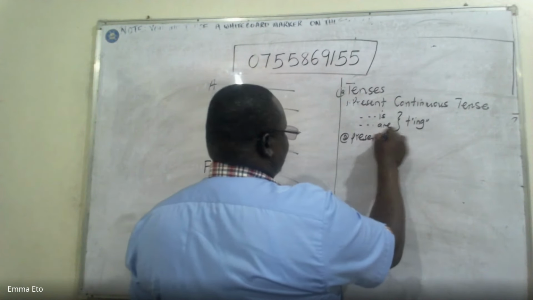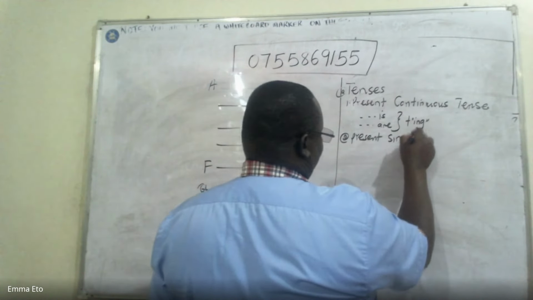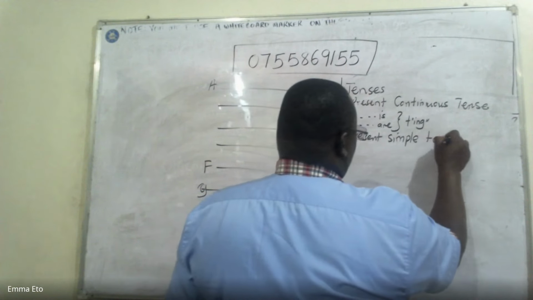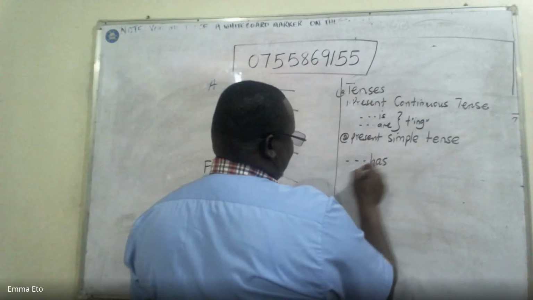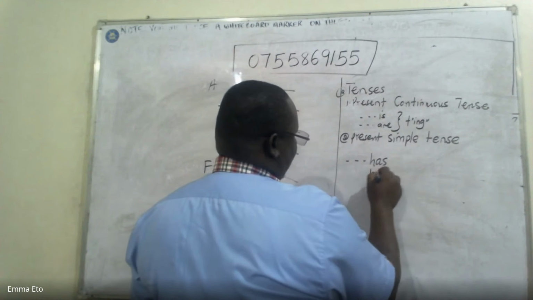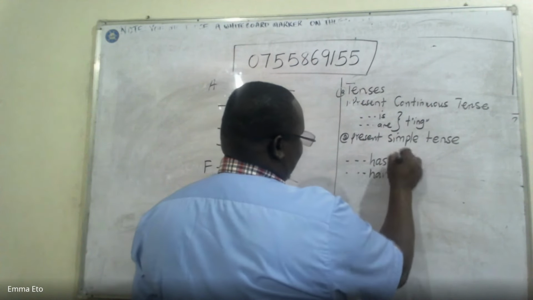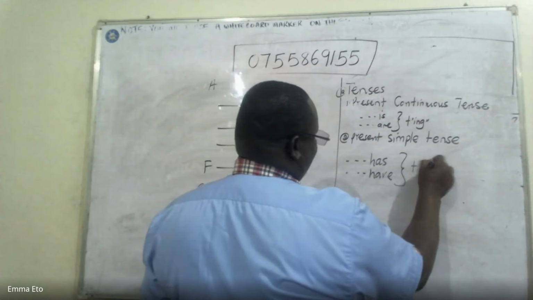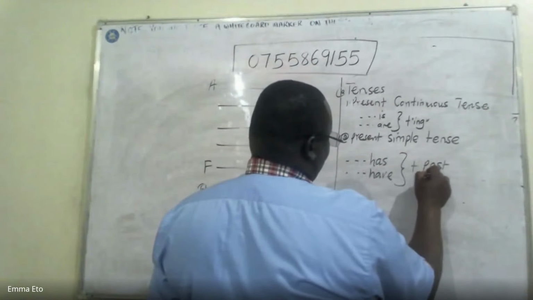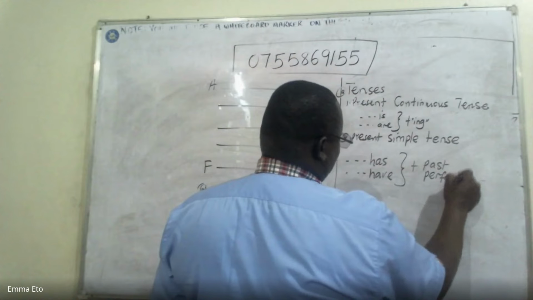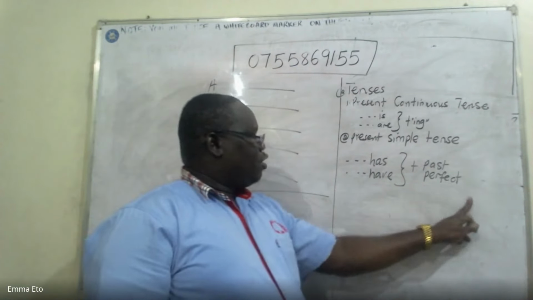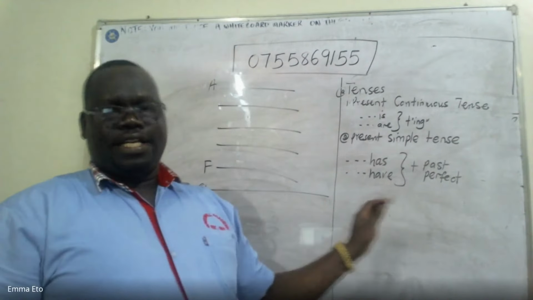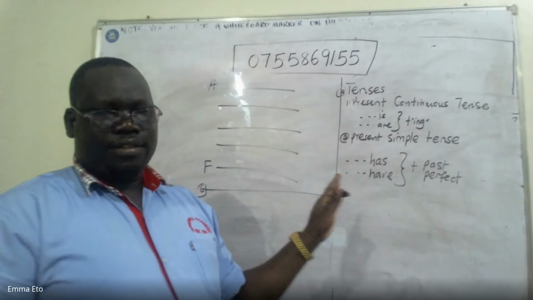Now, the other tense is present simple tense, we use has or have plus the past participle of the verb. Now, if the action took place, it ended, you are now seeing results.